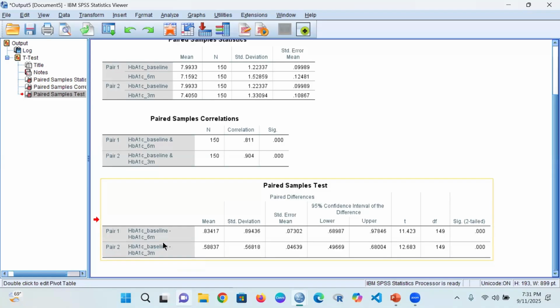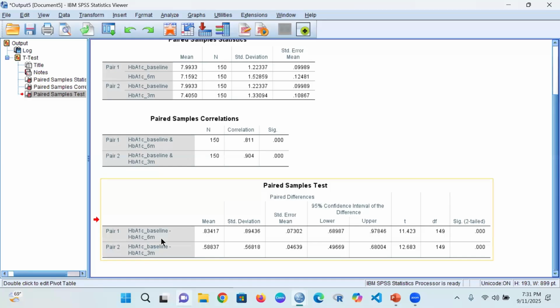The interpretation of our table tells us that HB1C dropped significantly from baseline to 6 months, even larger. So from our statistics, you can see the HB1C when it was conducted in 6 months, it dropped. So from baseline compared to 3 months, it dropped. And also when you compare the baseline and the 6 months, it also dropped further compared to 3 months.